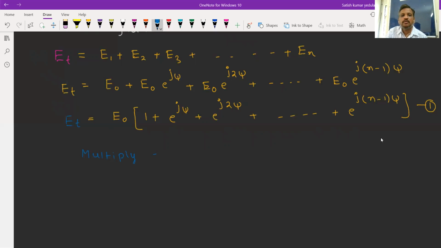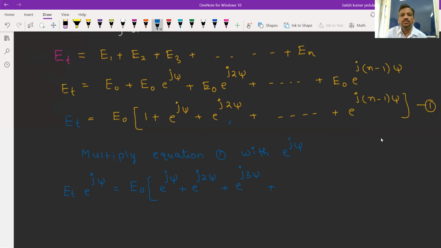Multiply equation 1 with e power j psi. So ET into e power j psi is equal to E naught, you keep it as it is, and 1 into e power j psi is e power j psi, plus e power j psi into e power j psi is e power j2 psi, plus e power j2 psi into e power j psi is e power j3 psi.